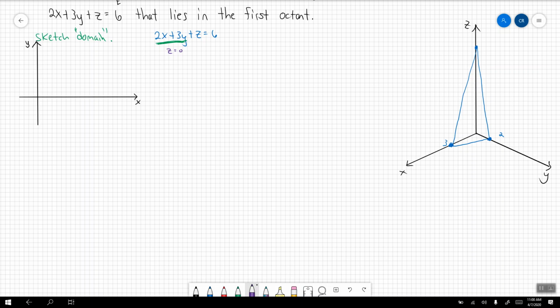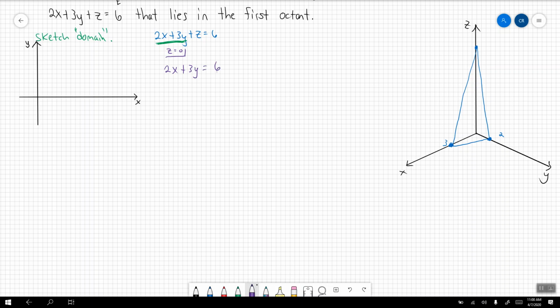In other words, I'm taking the projection of the surface onto the domain that I'm choosing. So doing this, if z is equal to 0, then we naturally get 2x plus 3y is equal to 6.